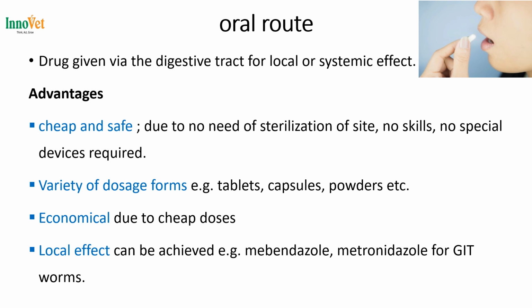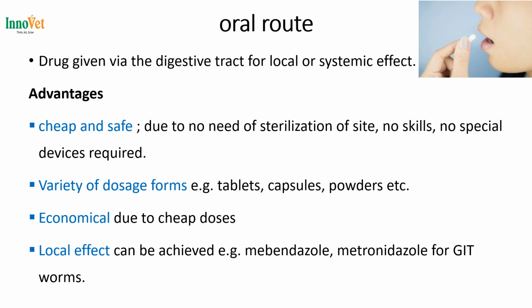Then the other importance is that it is economical because of the cheap doses needed. For example, if you have a headache, you'll only need paracetamol of just 500 shillings, or even 100, to heal your headache. So it is so economical.